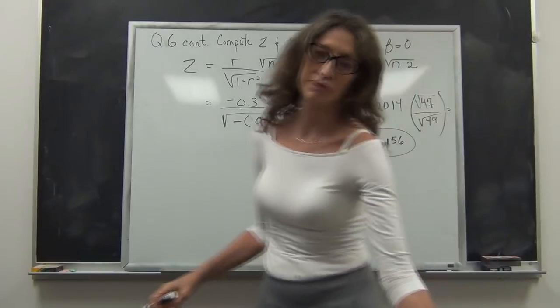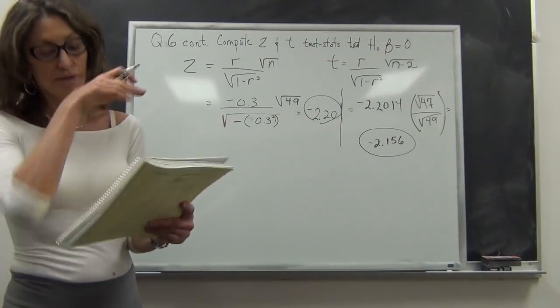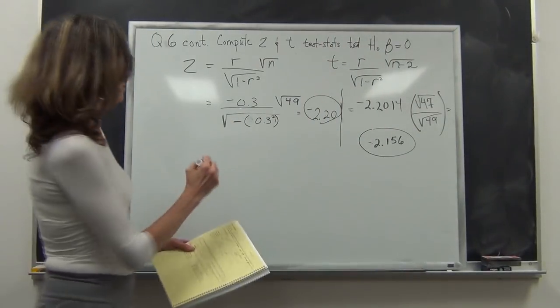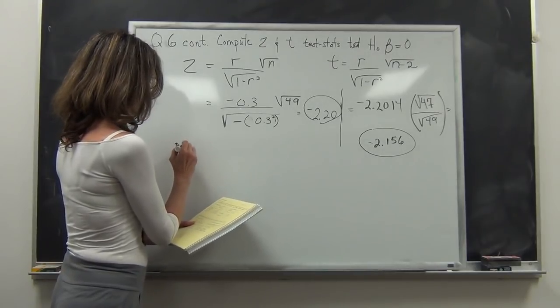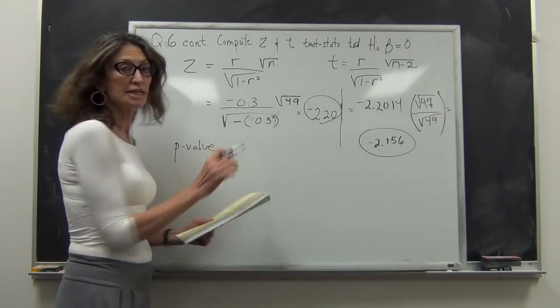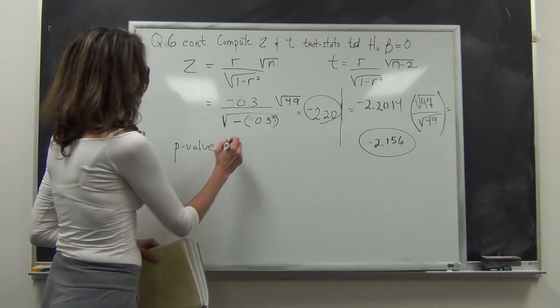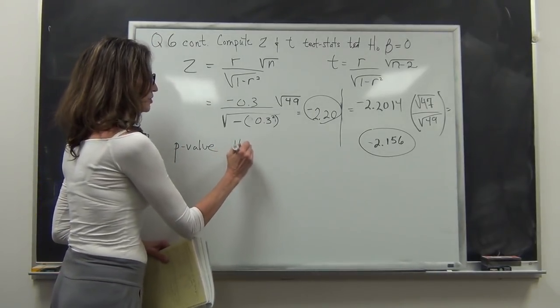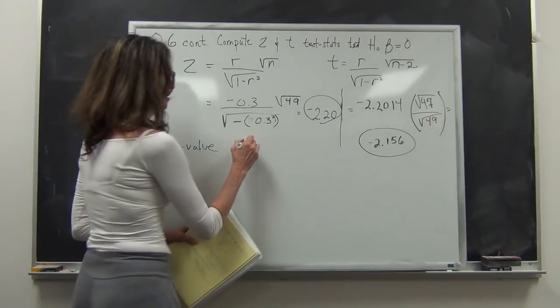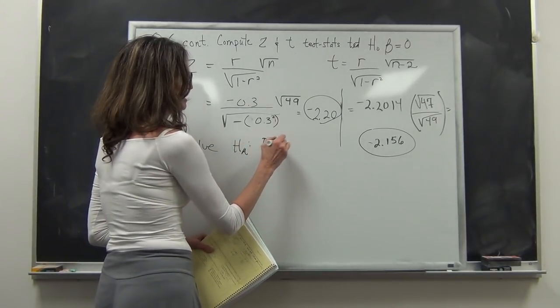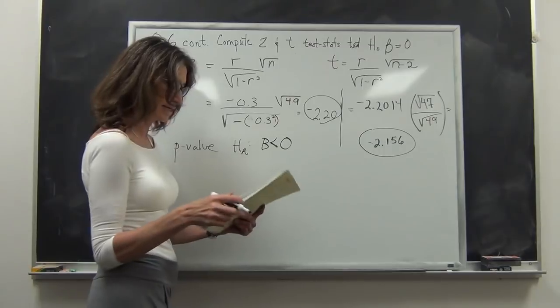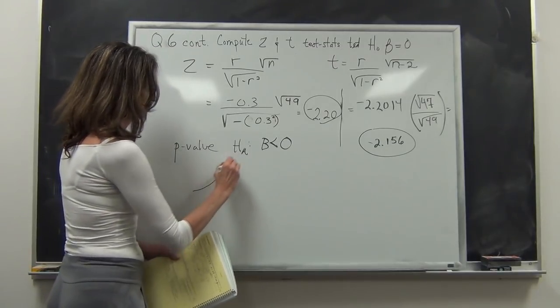Now, what do we want to do with these? We want to compute p-values. What's the p-value going to be to test the null hypothesis with the alternative? Remember, the alternative here is beta is less than 0, so that's one-sided, and we're just going to look at one side.